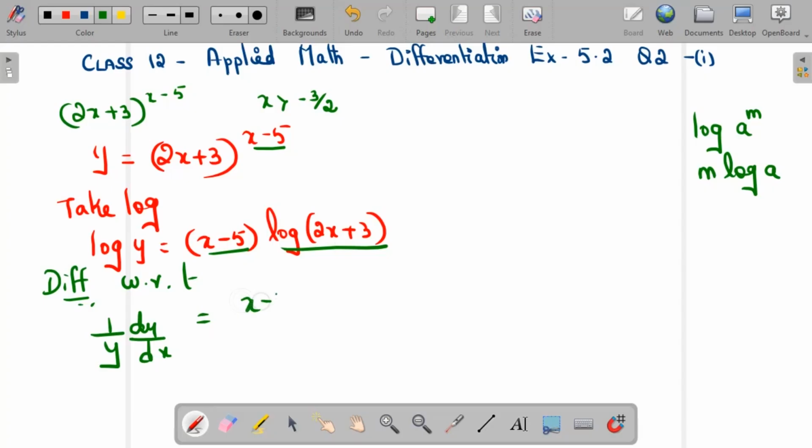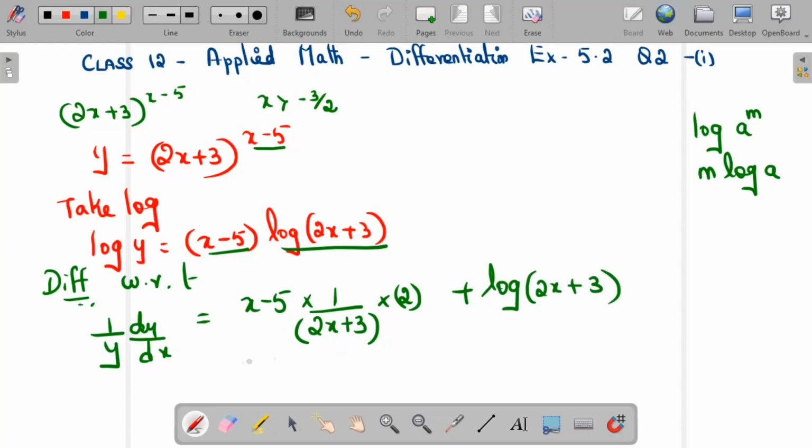So it is u into v', which is 1 divided by (2x + 3). I also need to multiply by 2 because I am doing a chain rule differentiation of 2x + 3. Plus, this time I'm going to retain log(2x + 3). u' is just 1. So it is log of (2x + 3).